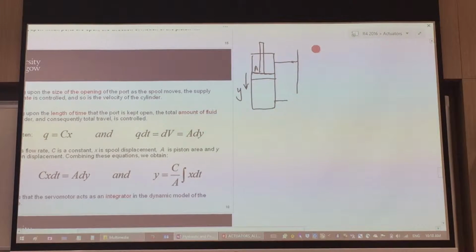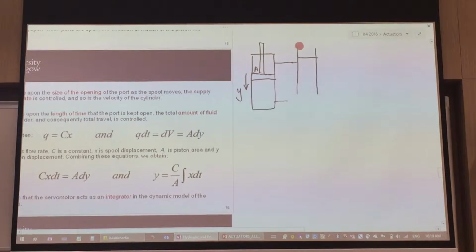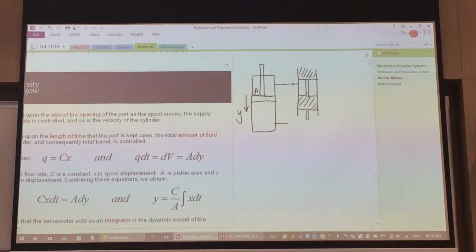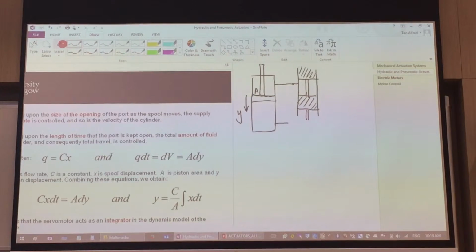So I'm going to sketch a huge spool over here so that you can see it. So this is one part of the spool, this is the other part of that, and it's interconnected. Okay. It's just one part of the spool. And we have the pressure line that's coming in.